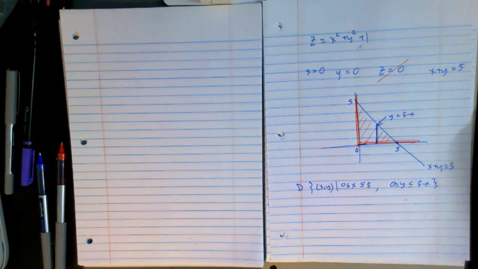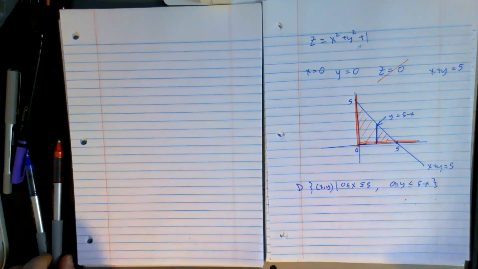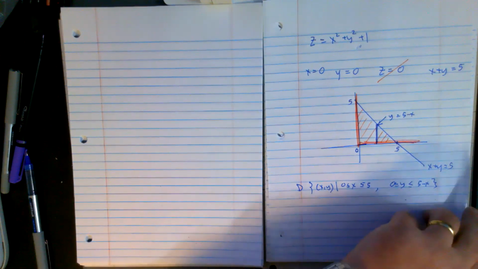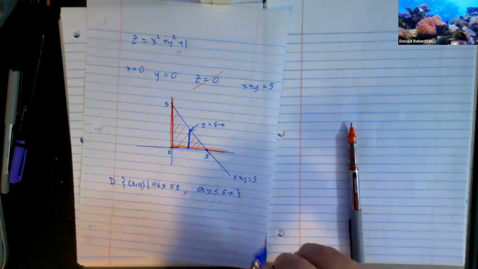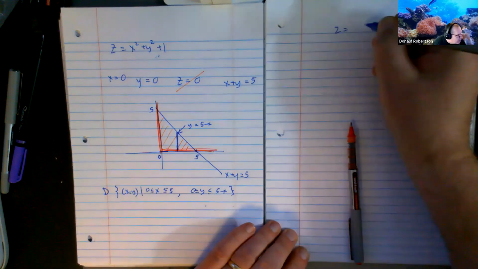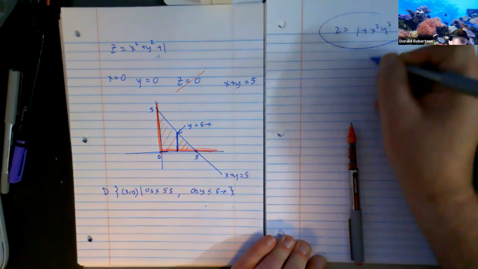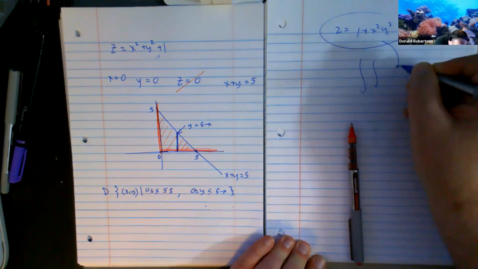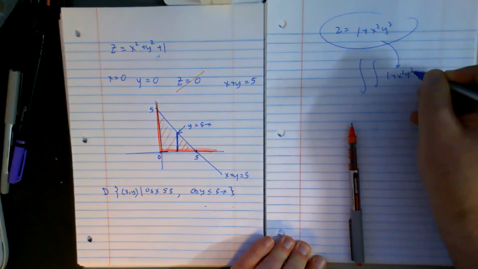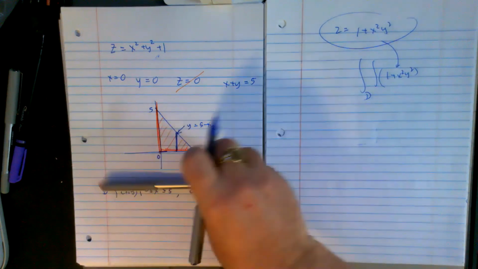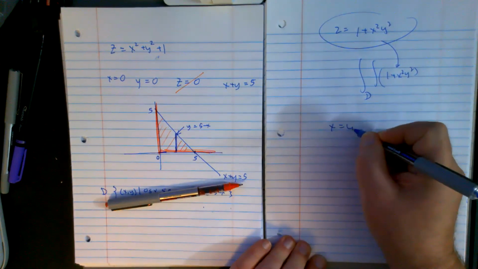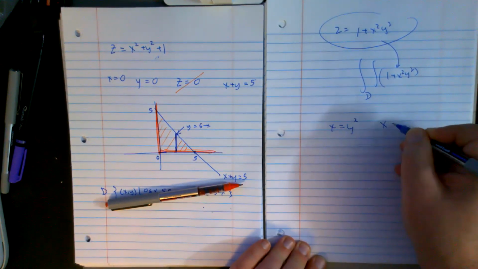Oh, number 13. It's X squared plus Y squared. So the Z part really doesn't matter as for D. And then D was X equal to Y squared and X equal to 4. Were my limits.